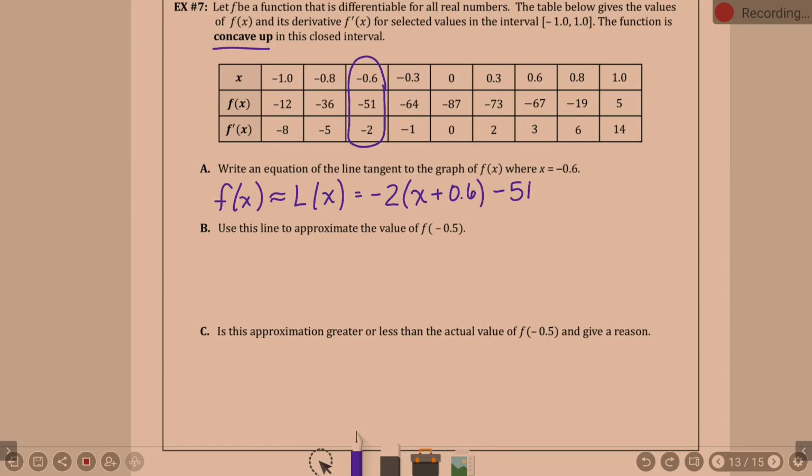Okay. Now they ask us to use this line to approximate the value of f of -5/10. We know what we're doing there, right? So the L of -5/10.